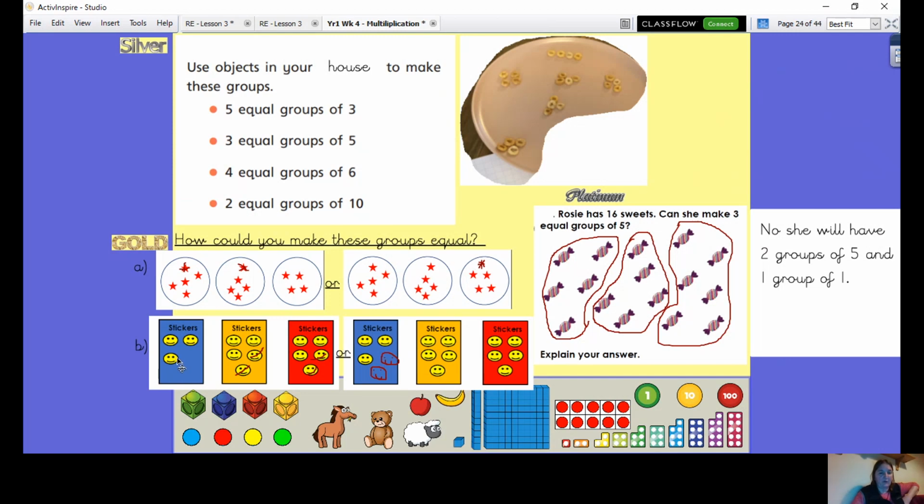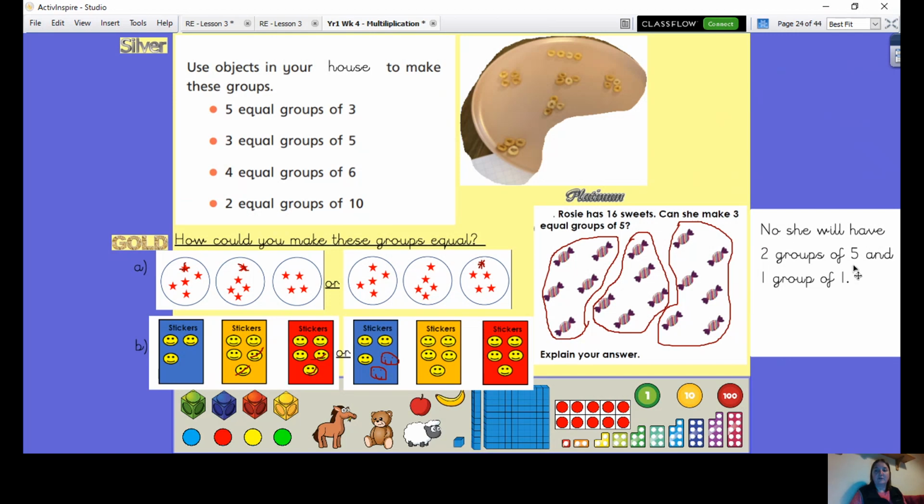This one again, so you've got 3, so you could have crossed out 2 in the other 2 groups, so that each group then had 3. Or you could have added 2 smiley faces to this first group, so that each group has got 5. And then the last one, can she have equal groups?